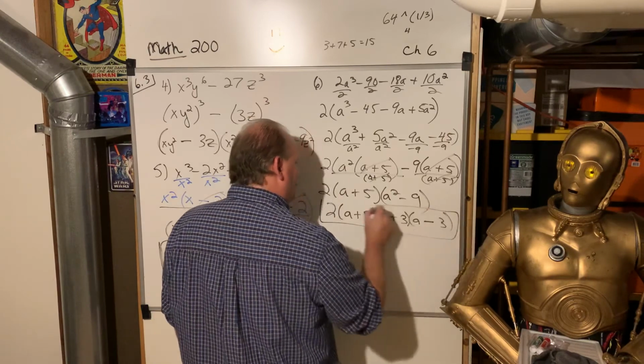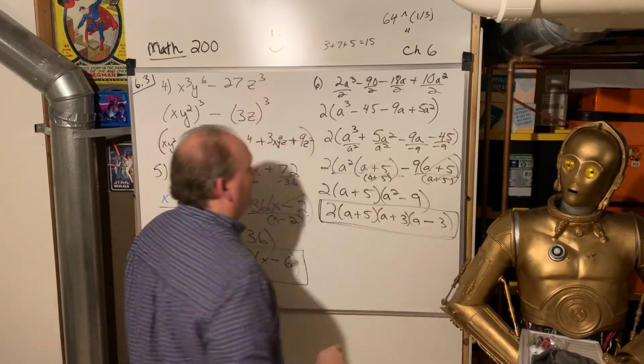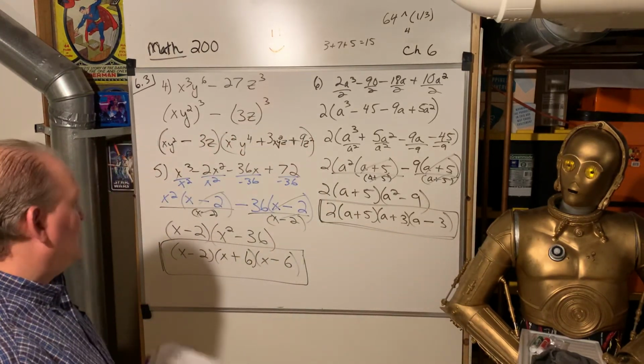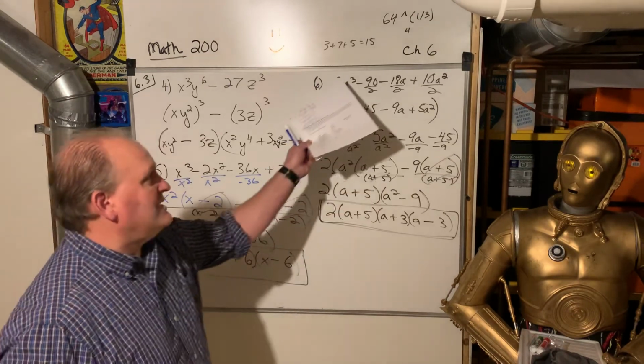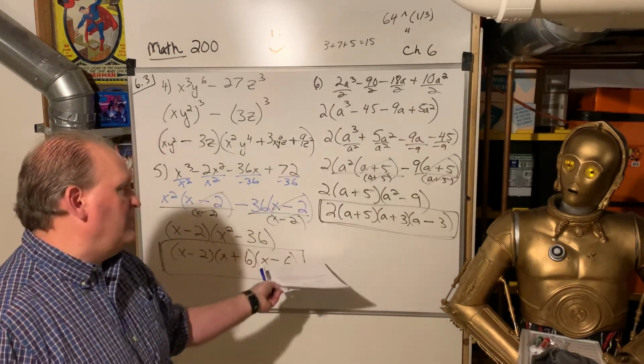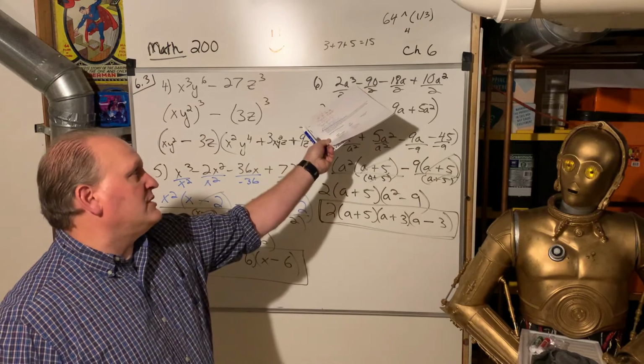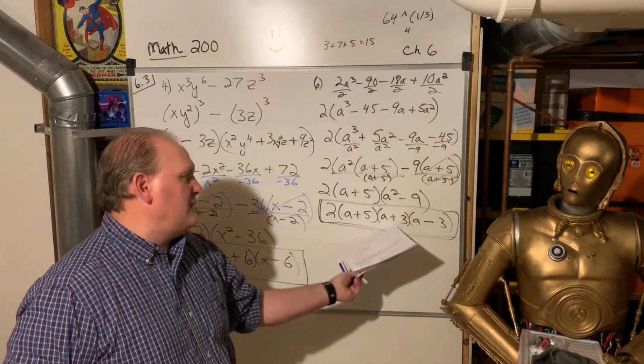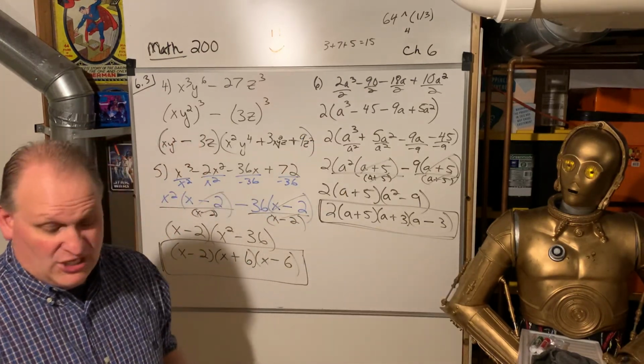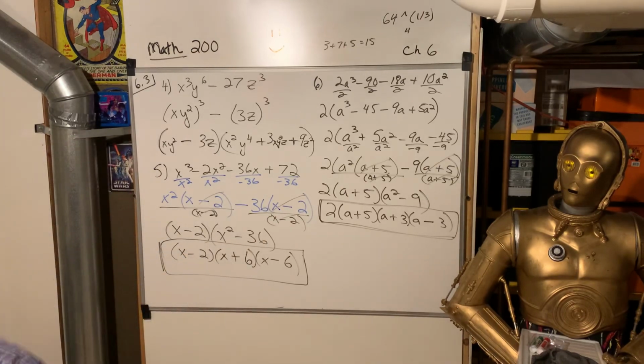Holy Toledo. That's a heck of a problem too. So a little harder than this one because they stuck a 2 in that we had to factor out right off the bat. But again, we took a 3rd degree equation and we busted it down into 3 1st degree parts. All right. We'll do 6.4 next.